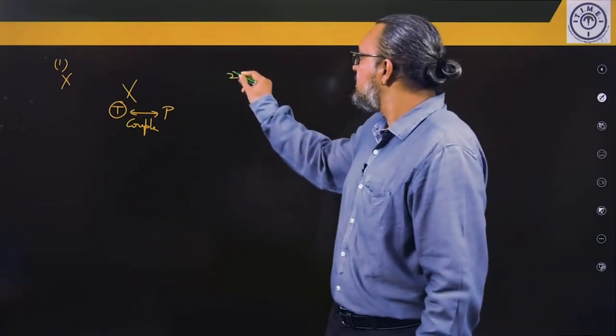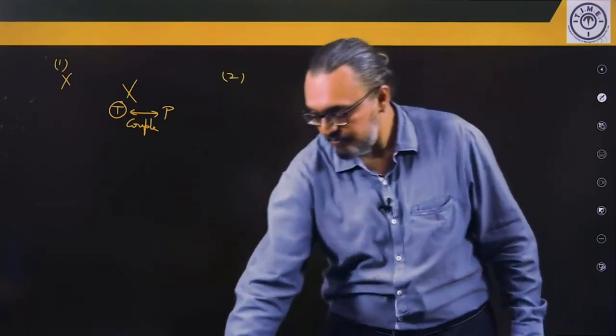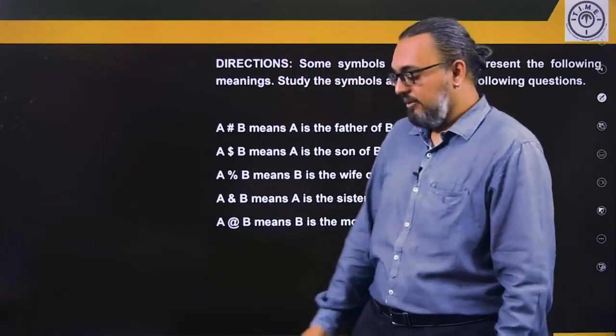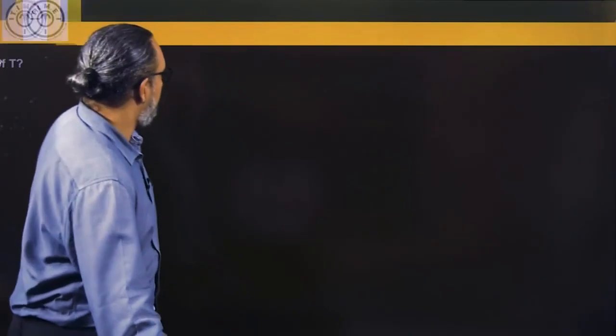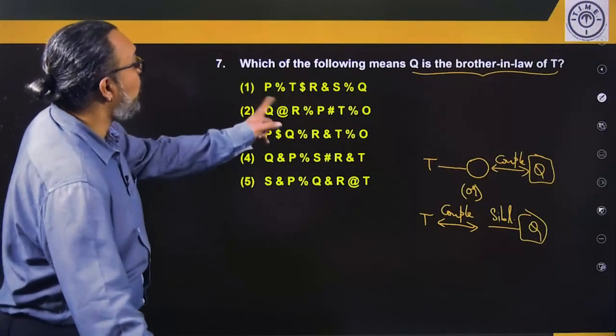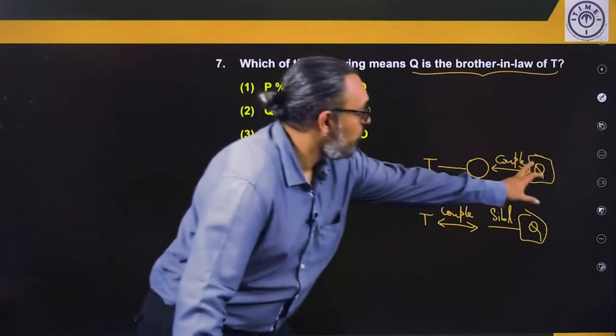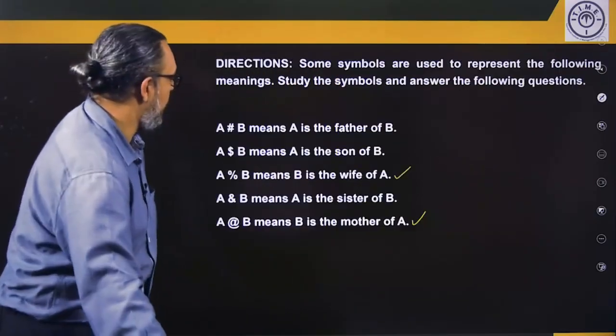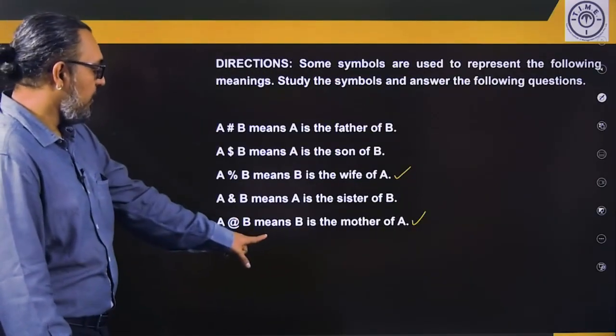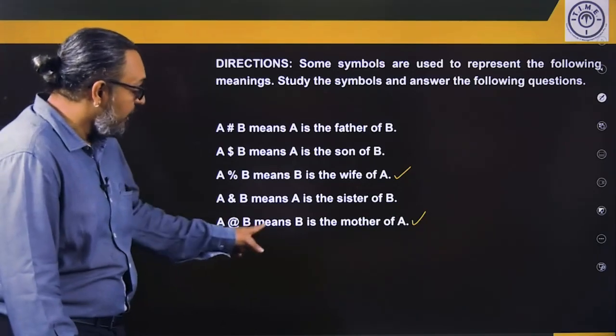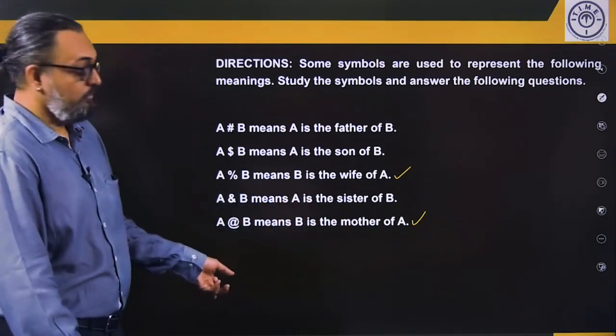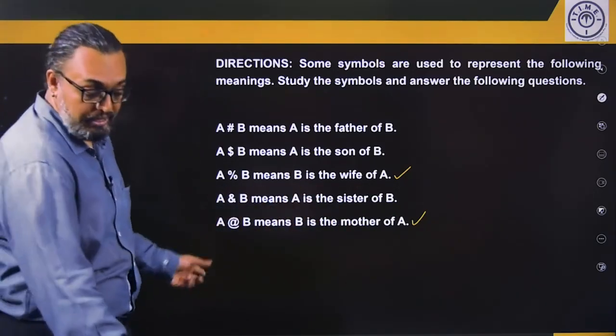Okay. Now, let us take the second option and check. Now, in the second option, we have Q@R. So, I need to know whether Q is a male, compulsory, correct? What is Q@R? Means A@B is the mother of A. Okay, so B is a mother to A, reverse.